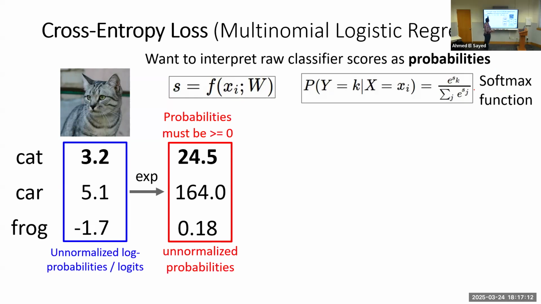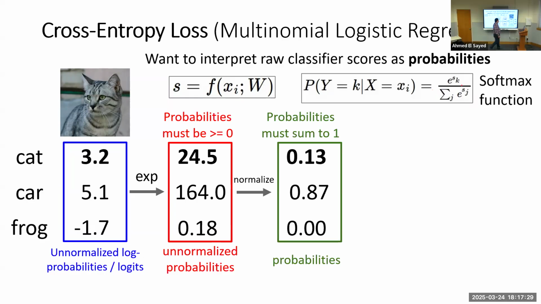They said I will do normalization, meaning I will divide each one of them over the sum of all of them. So I'm enforcing them to make a sum of 1. So if I do this step, that's how it will look like. Now it's a probability.